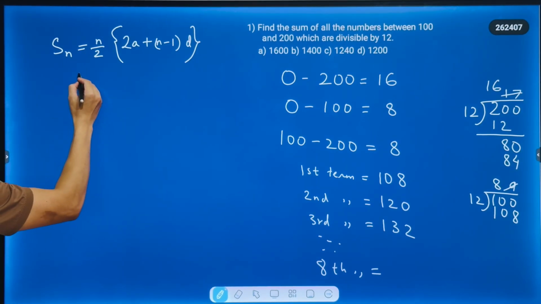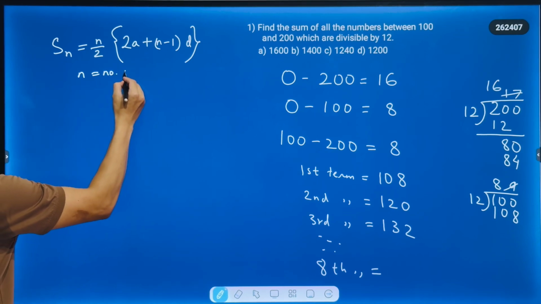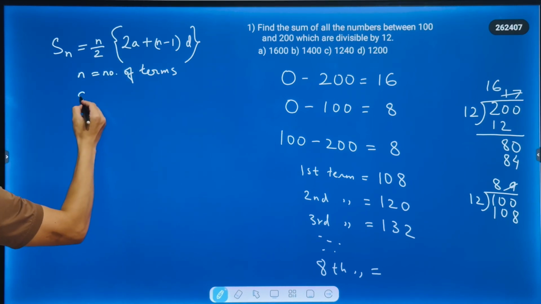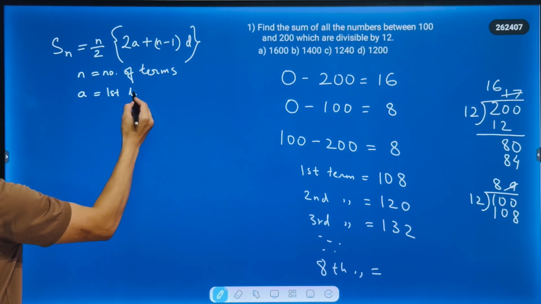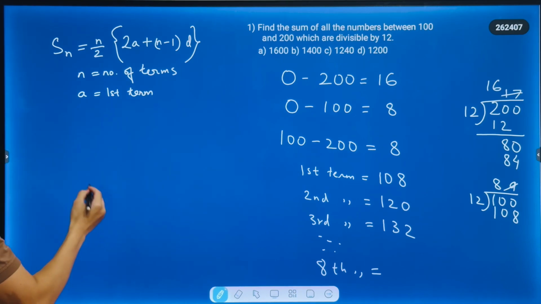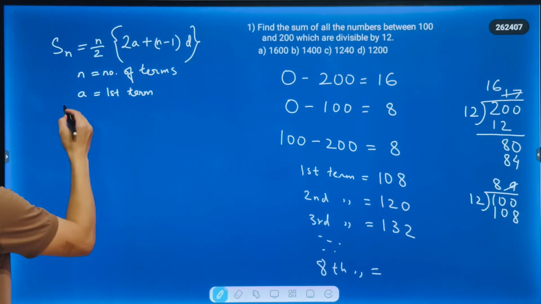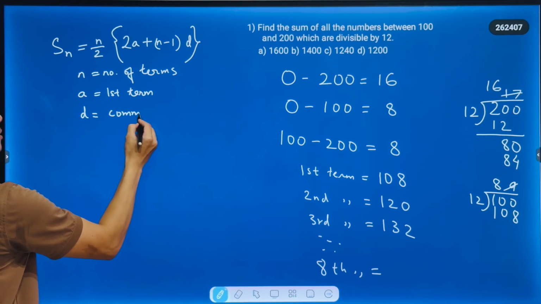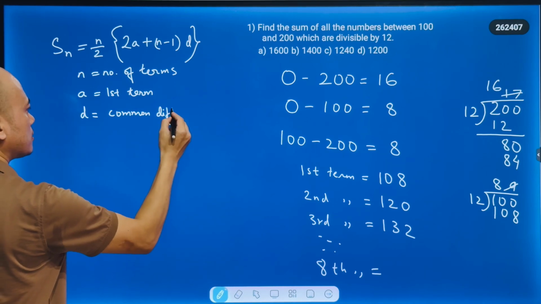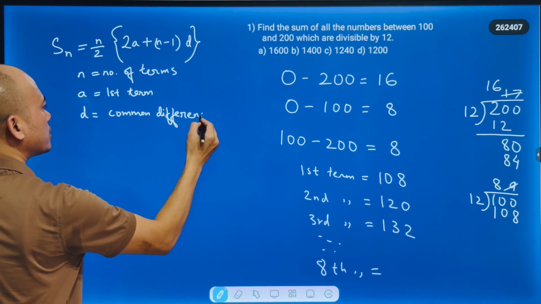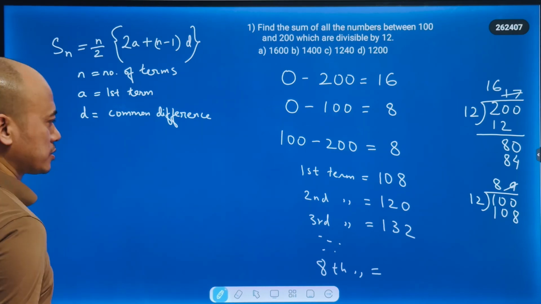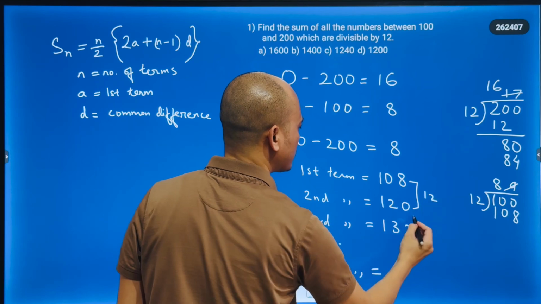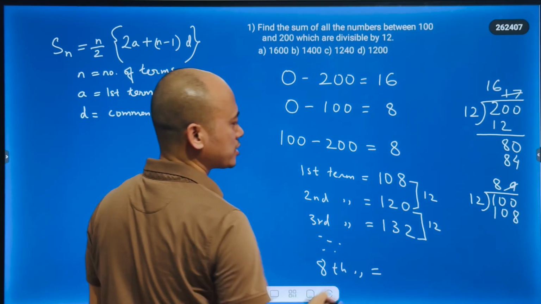Here n is the number of terms, a is the first term, which in this case is 108, and d is the common difference between the numbers. The first term is 108, the second term is 120, so the common difference is 12, because all these numbers are multiples of 12.